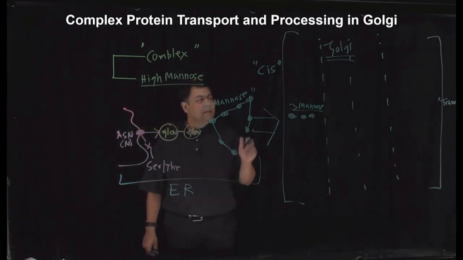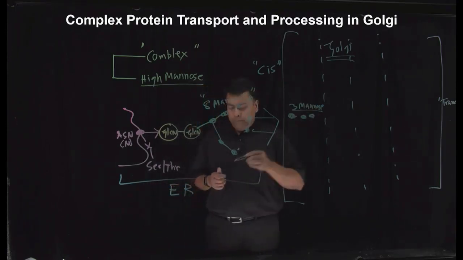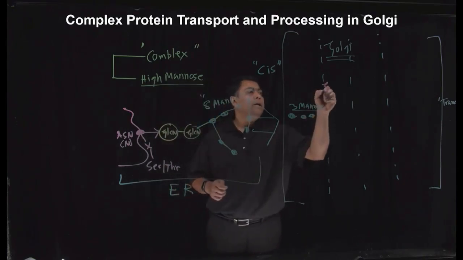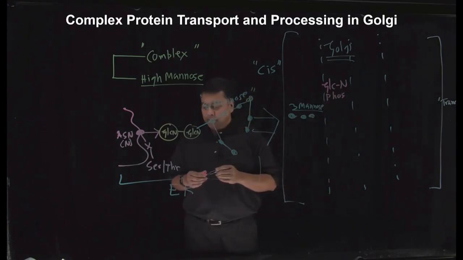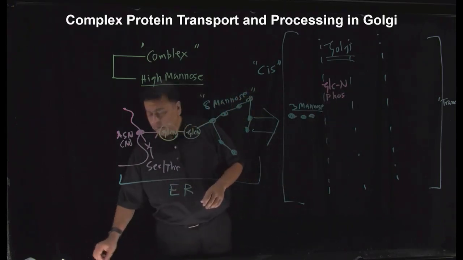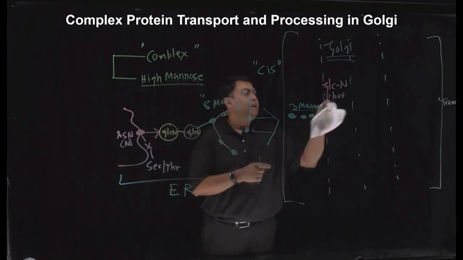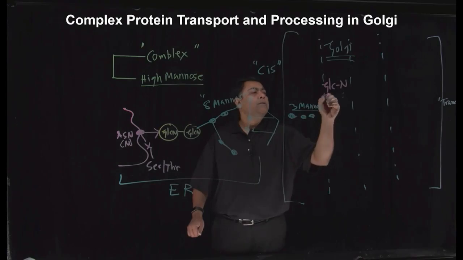And once this is removed, there is one protein which we call the GLCN N-acetylglucosamine phosphotransferase. Not phospho, I'm sorry. The GLCN transferase, not phospho. This has nothing to do with phosphorylation. It is transferase.